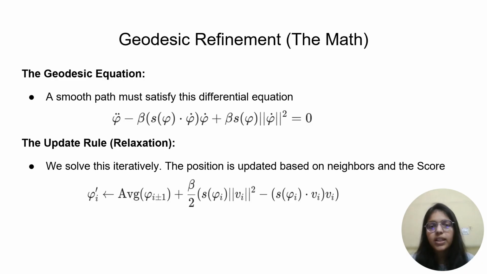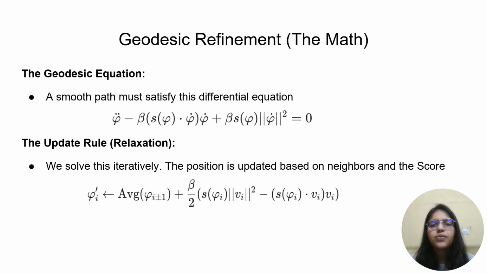If you look at the update rule shown on the slide, the term average of phi i plus or minus 1 smoothly pulls the point towards the center of mass of its immediate neighbors, which is a standard method for path smoothing. The second complex term involves S of phi, that is the score, and v_i, that is the velocity.